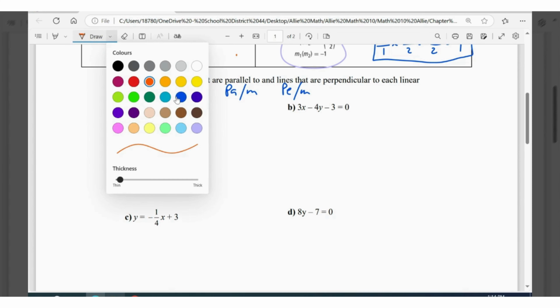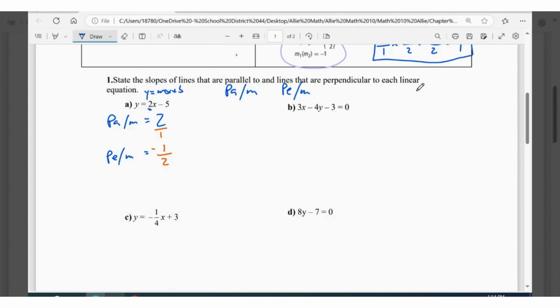Let's do the next one, B. There is a way that you can see from general form what the slope is, but I'll encourage us to change this to slope-intercept form and then solve it from there. So we want this y by itself, and we want it to be positive. Let's start by adding 4y to each side.